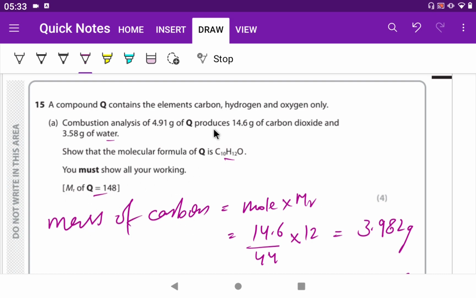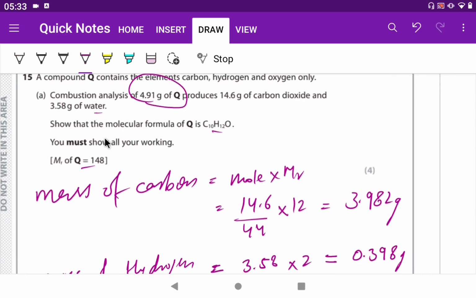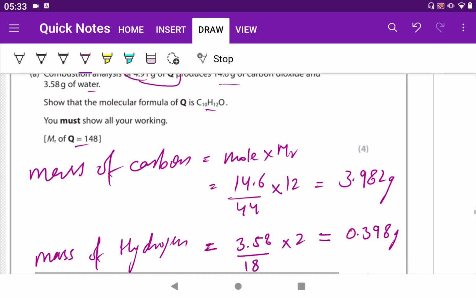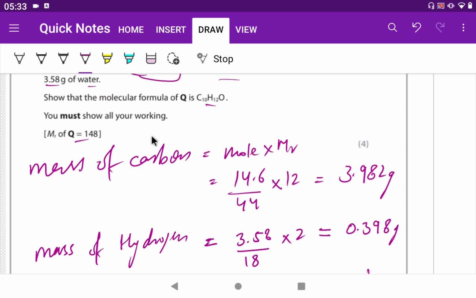So the mass of carbon in Q in 4.91 grams, so it is around 3.982 grams, and the mass of hydrogen is the number of moles, this divided by 18 and multiplied by 2, because the molar mass of hydrogen is 2, so it will be 0.398.